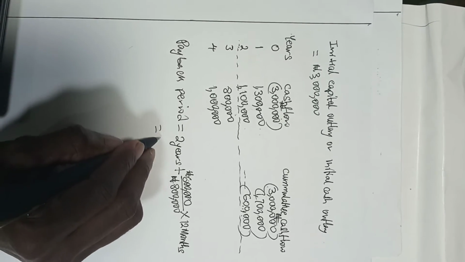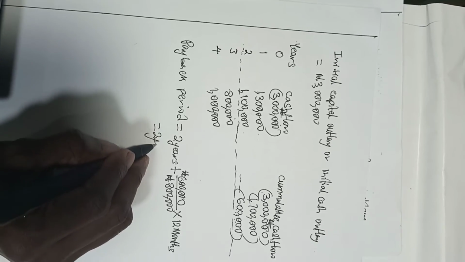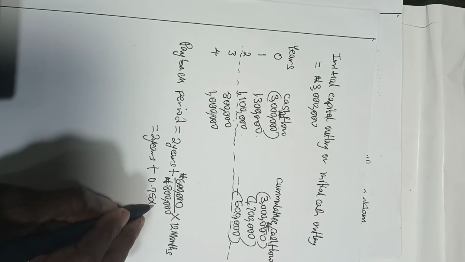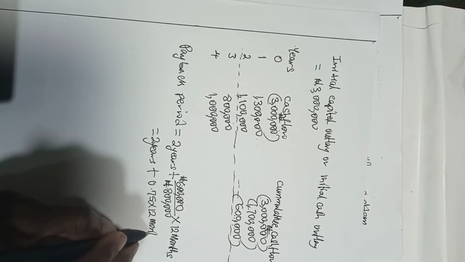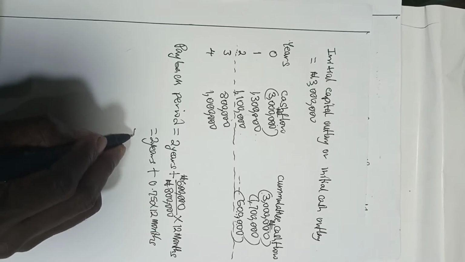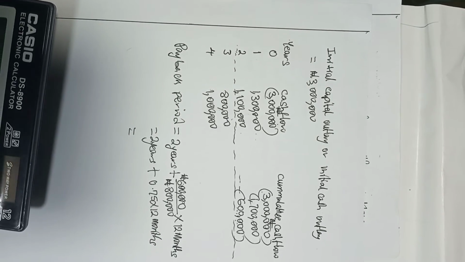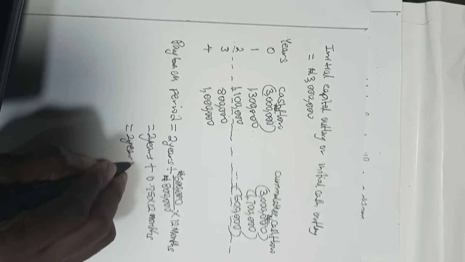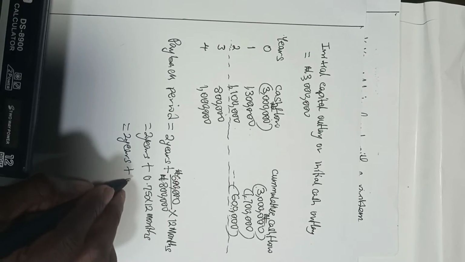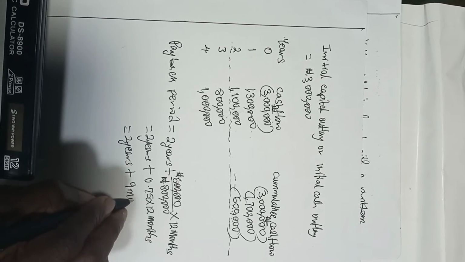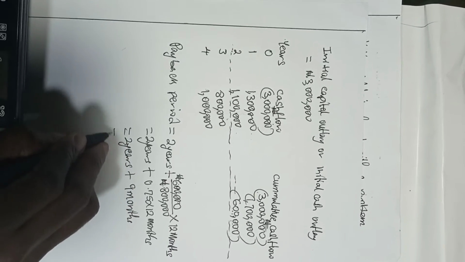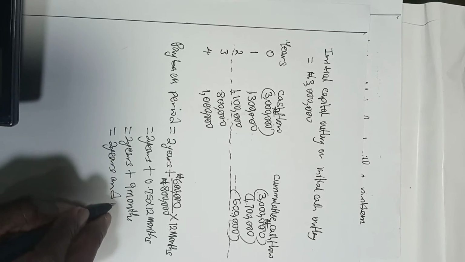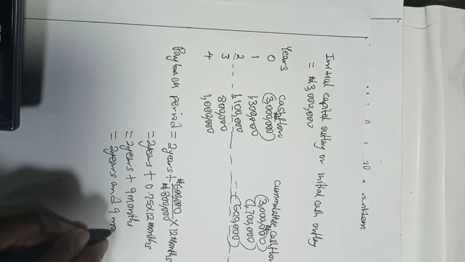So we have 2 years plus 0.75 times 12 months. That's 0.75 times 12, which is 9. So 2 years plus 9 months. So our answer is 2 years and 9 months.